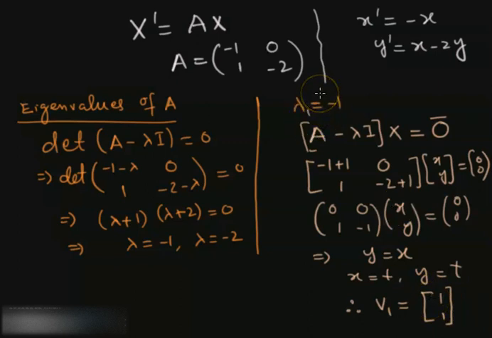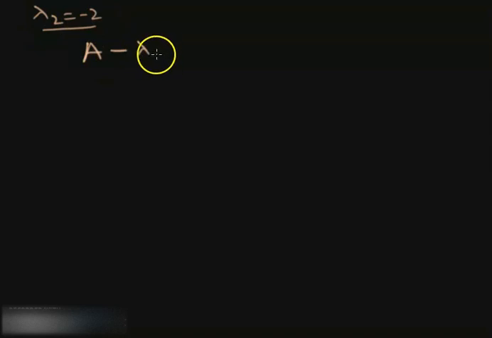Now I will calculate the eigenvector for lambda 2 equal to -2. For this I will solve (A minus lambda 2 I) operating onto x, equal to the zero column vector.